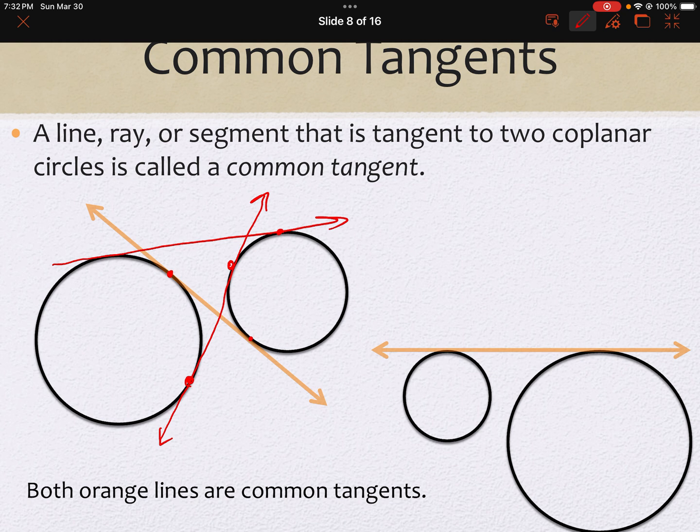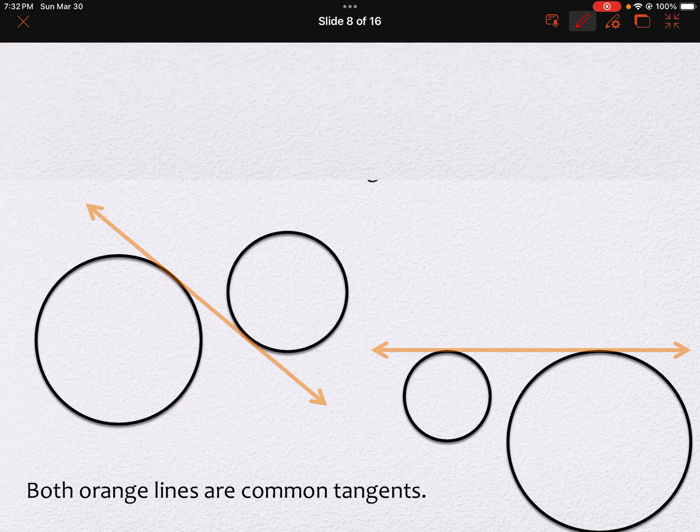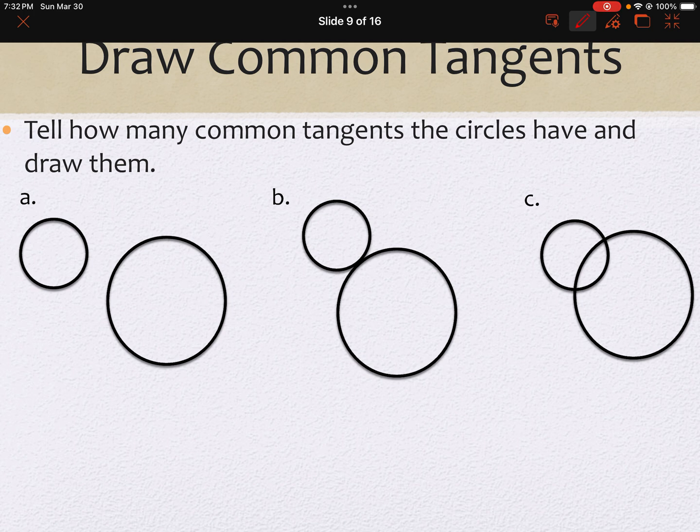There could also be one that lives there, or I totally missed on that one, but I'll just cheat a little bit there. Okay, so when you have two circles that don't touch like that, there are going to be 4 common tangents. So I could do the same thing down here with this example here. How many common tangents do these circles have?